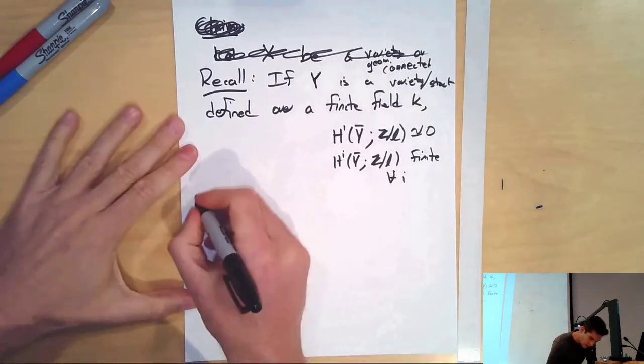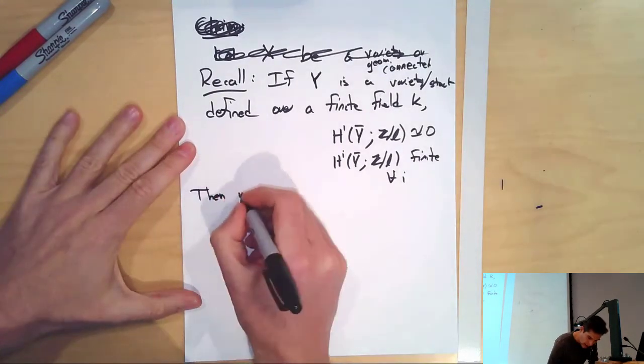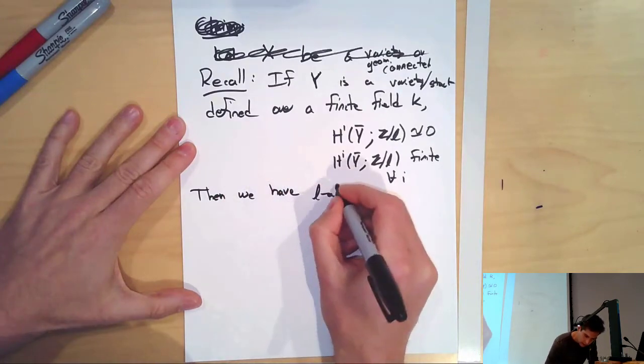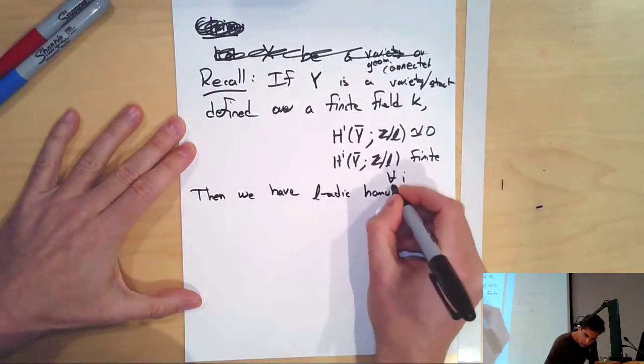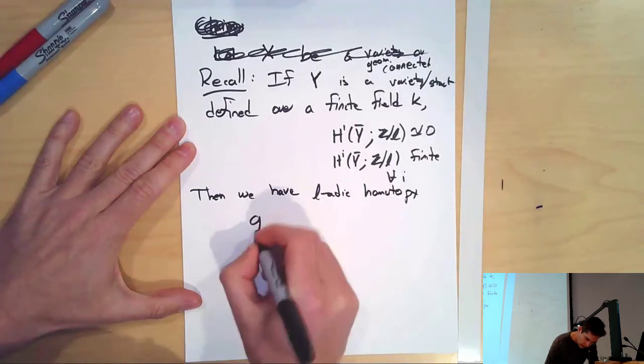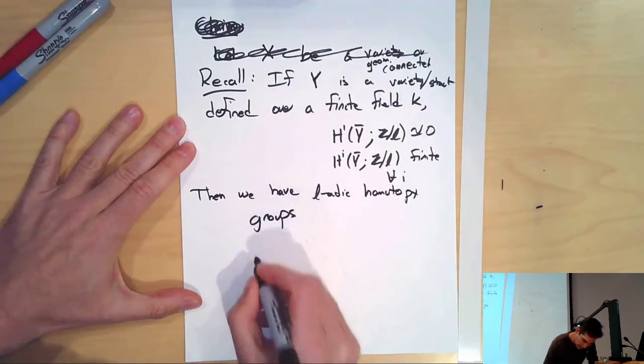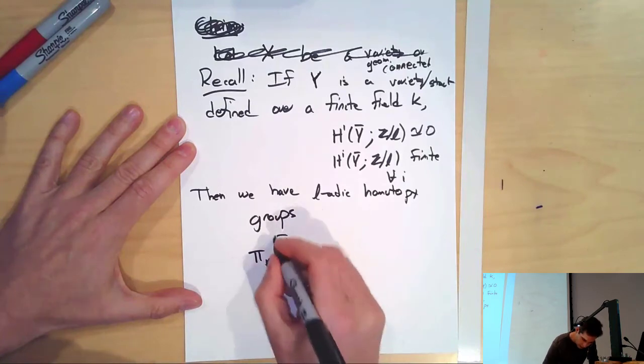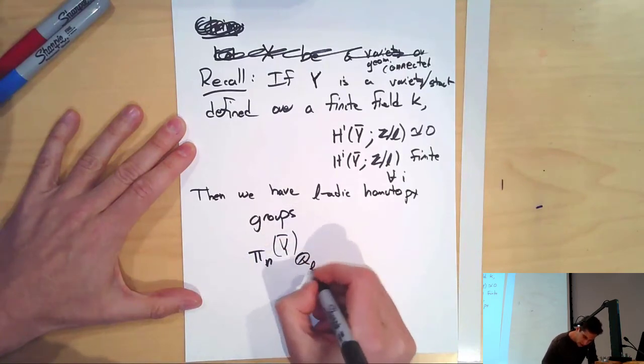So then we have L-adic homotopy groups, which in the previous lecture I denoted by pi n of Y bar with QL coefficients.